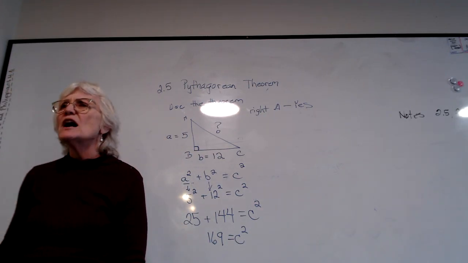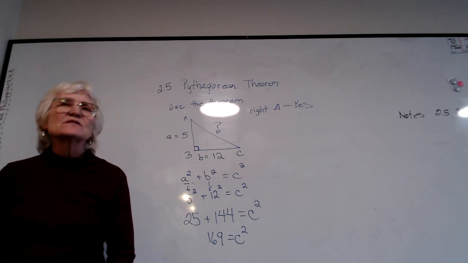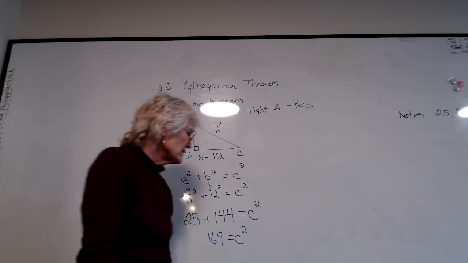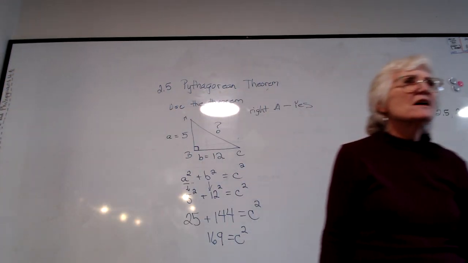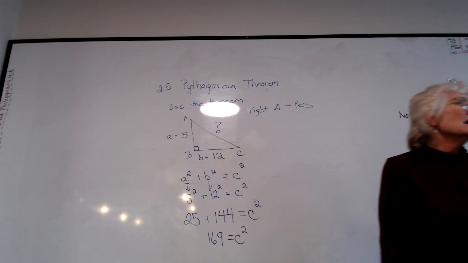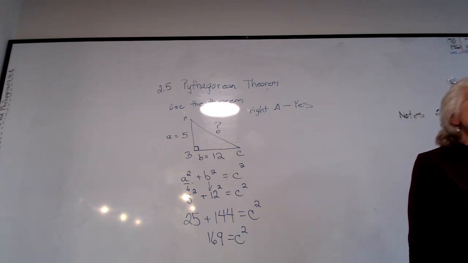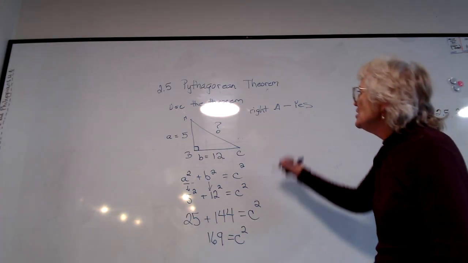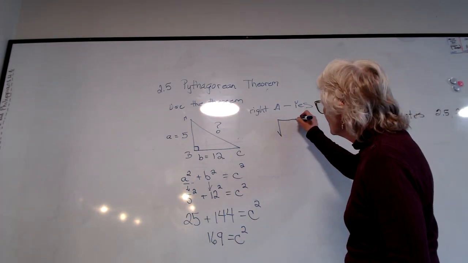What do I have to do to find the length of C? You have to figure out what times what equals 169. Yeah, what times itself equals 169. Another way of doing that is to take the square root.